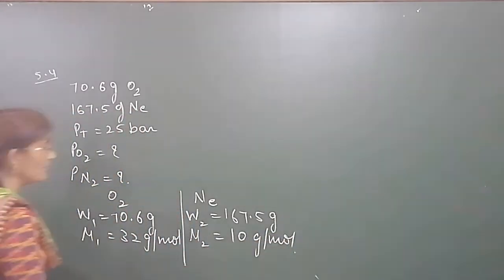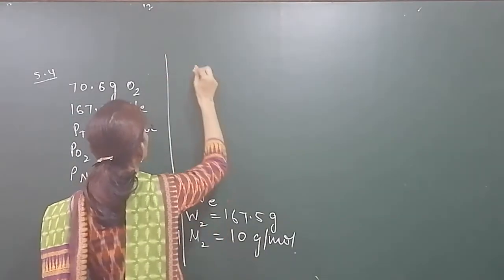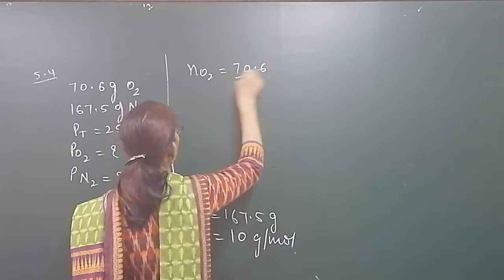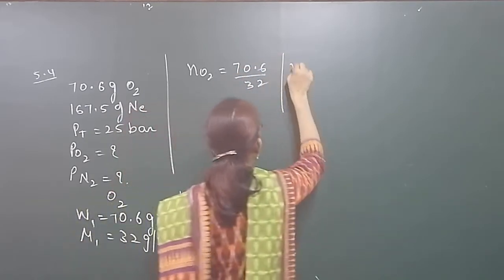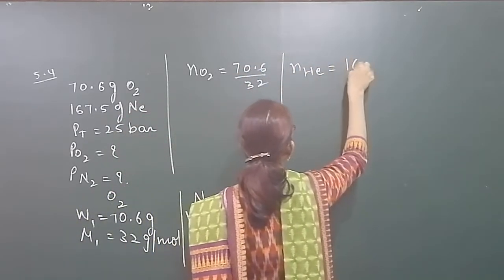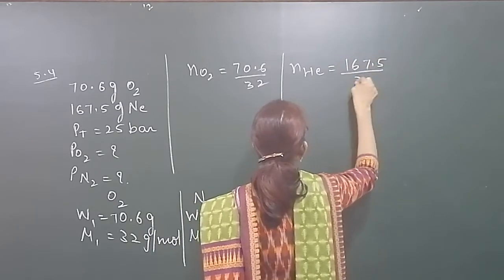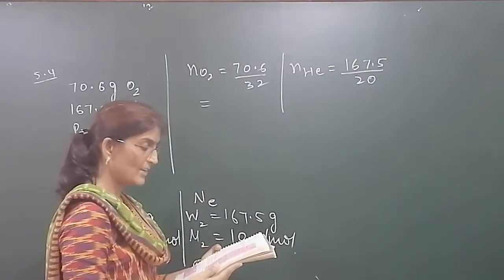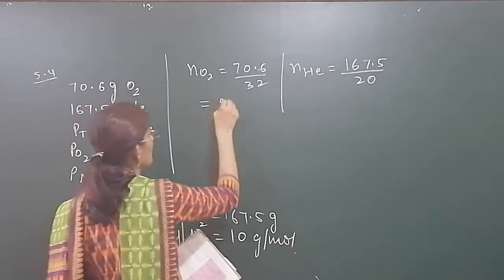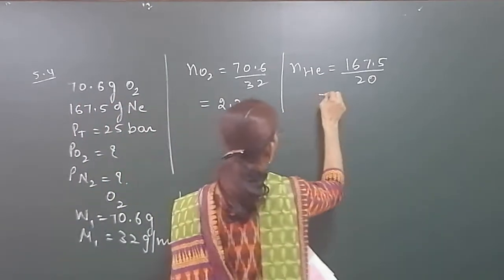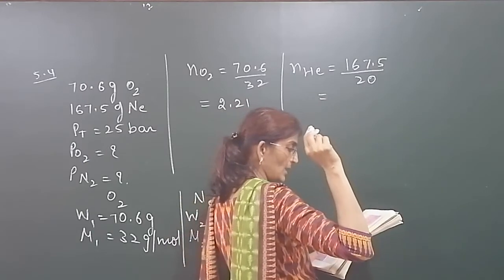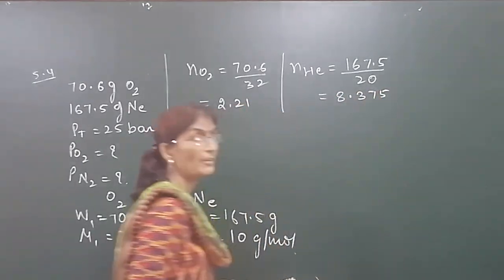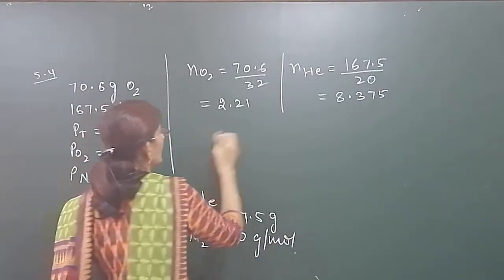By this we can calculate moles: given weight upon molecular weight. So we have 2.21 mole of oxygen and neon moles comes out to be 8.375.